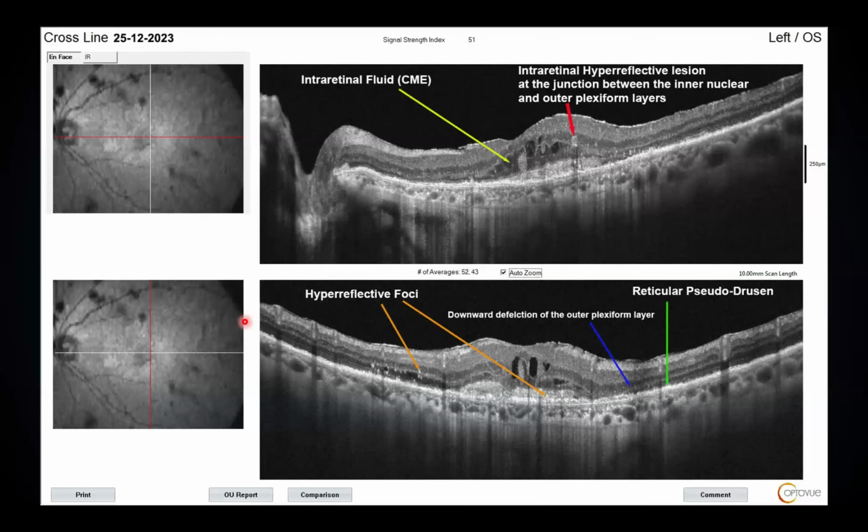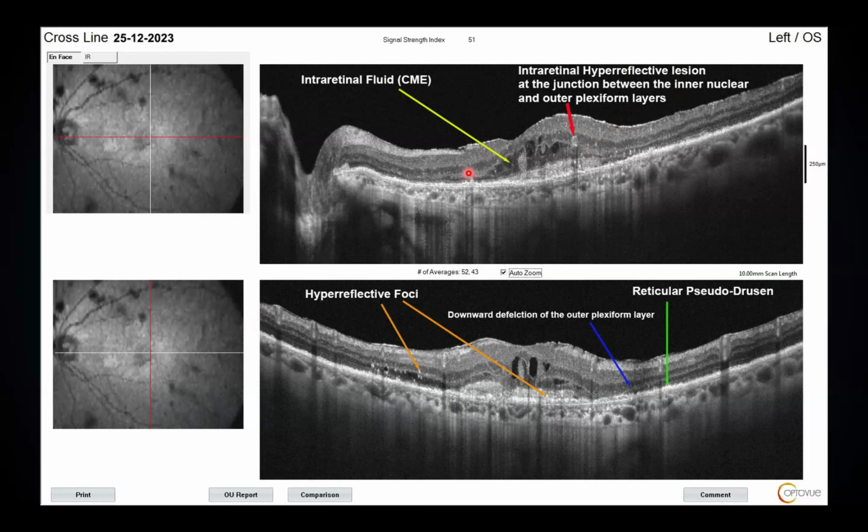When we dig into the OCT, the most important sign is to find an intraretinal hyperreflective lesion at the junction between the inner nuclear and the outer plexiform layer, because it's related to the deep plexus of the retina.